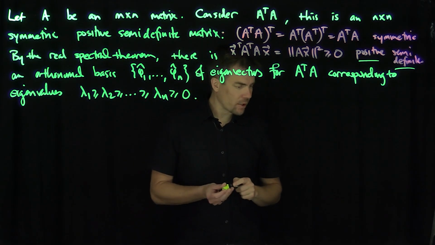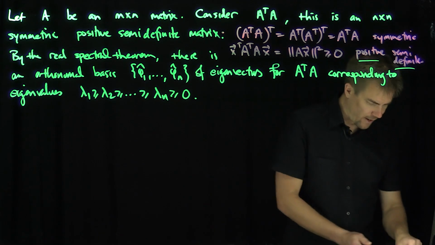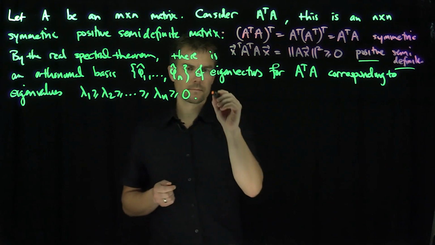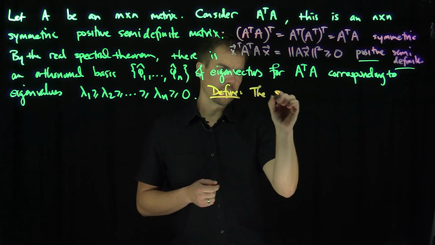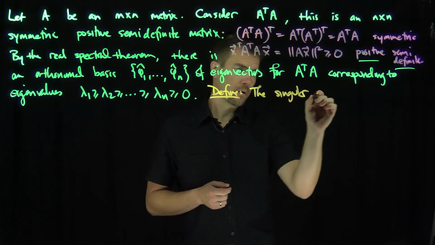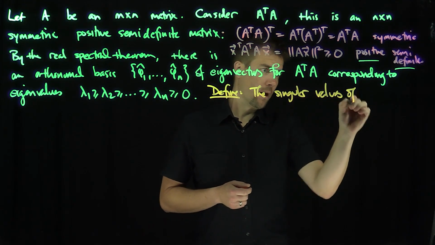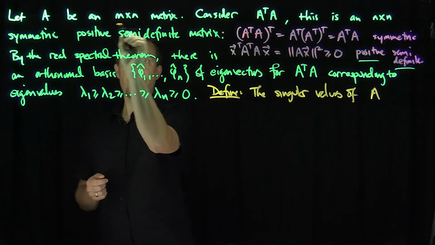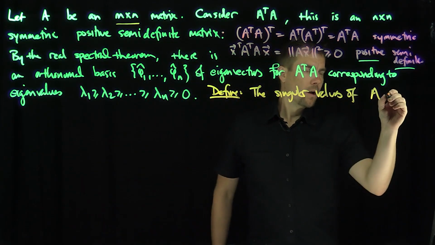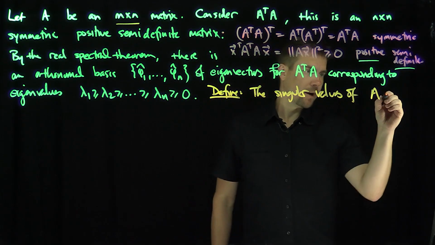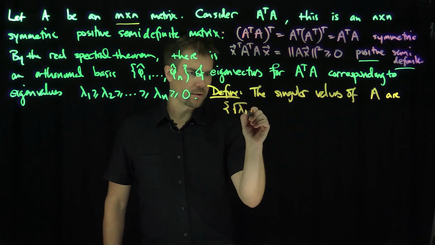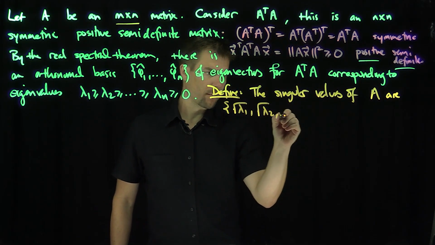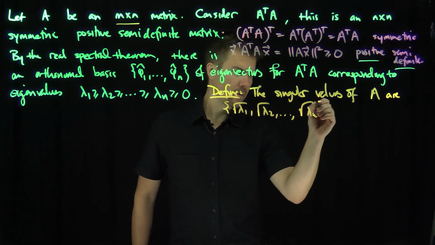Now we're at a juncture to define the singular values of the matrix A. Remember that A is an m by n matrix. The singular values are the square roots of these numbers lambda: square root lambda 1, square root lambda 2, through square root lambda n.